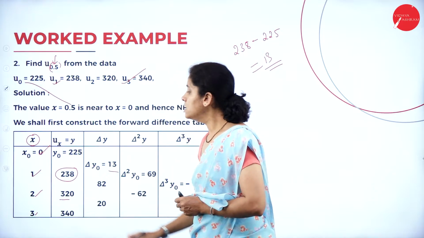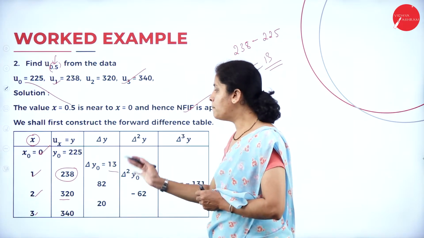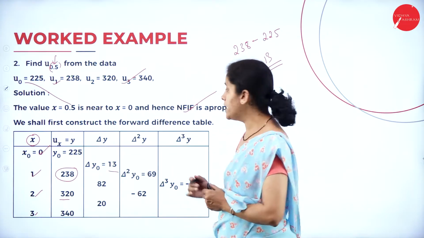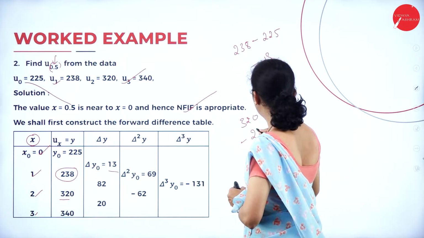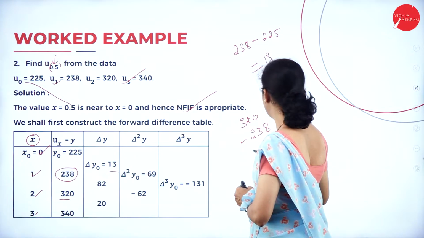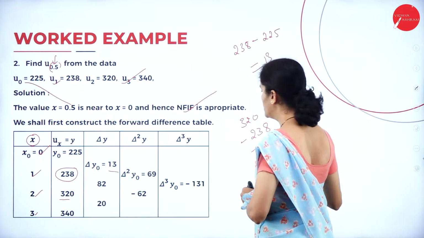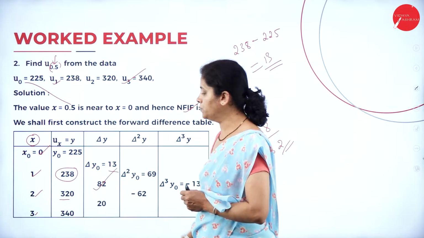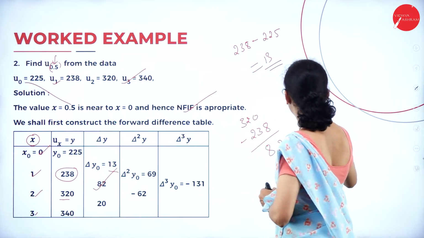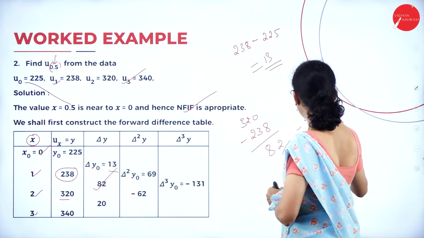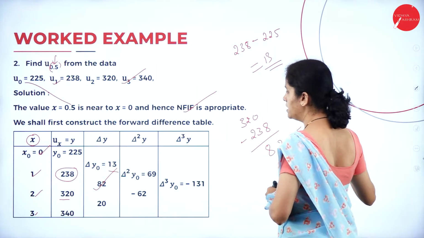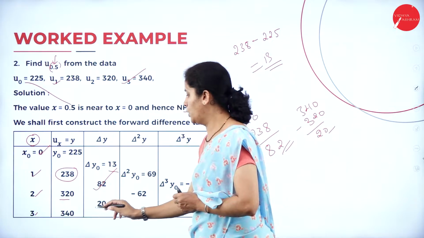Next, 320 minus 238. Then it is 82. So I got 82. Now 340 minus 320. It is 20. So I got 20.